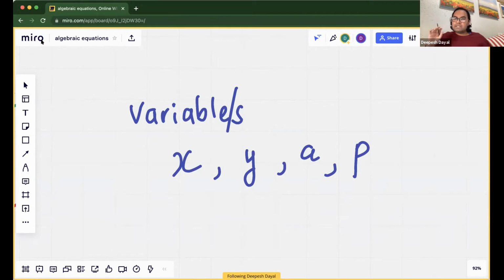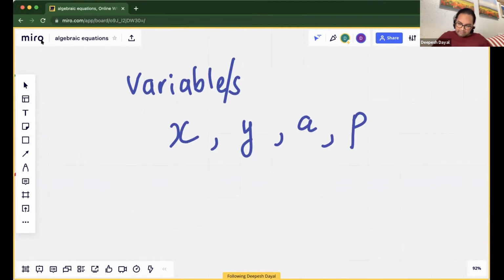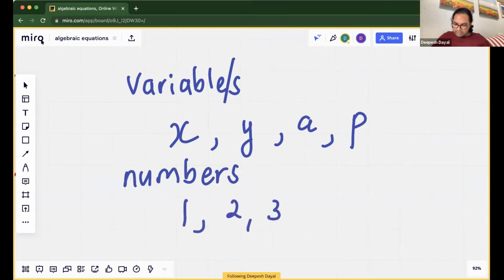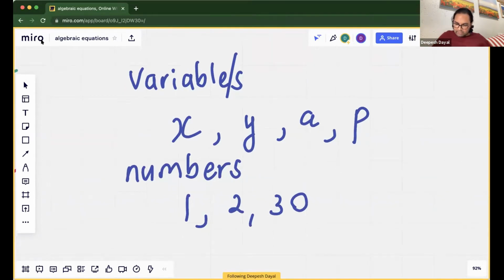So we're mixing variables, numbers, and the equal to sign. We've got the variables, and then we've got your numbers, obviously 1, 2, 30, etc. And then we've also got the equal to sign.